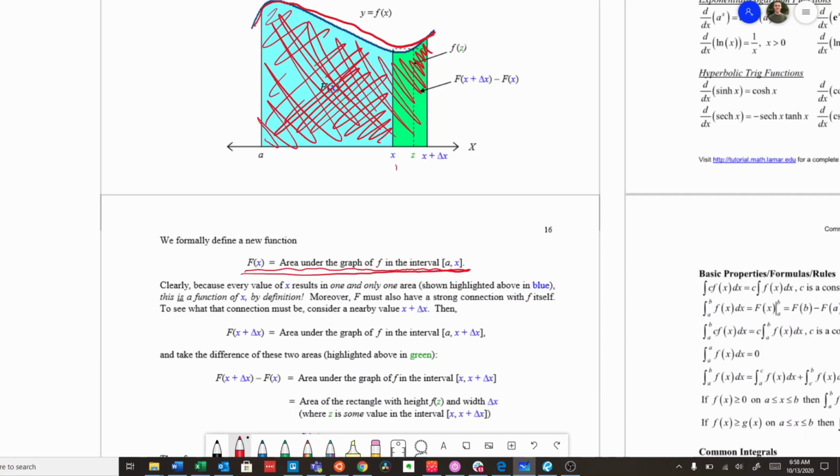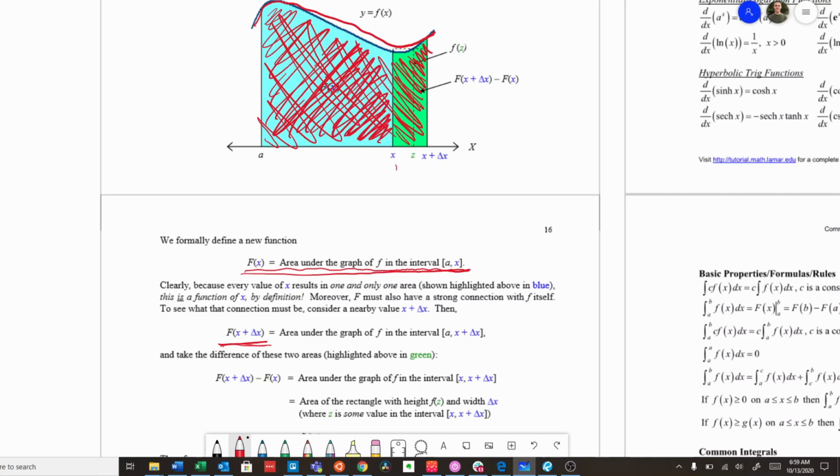Then I could take the difference between those two, the difference between F of x and F of x plus delta x, it's just going to be this little region right here, which had the squiggly lines going this way, but not the squiggly lines going that way.